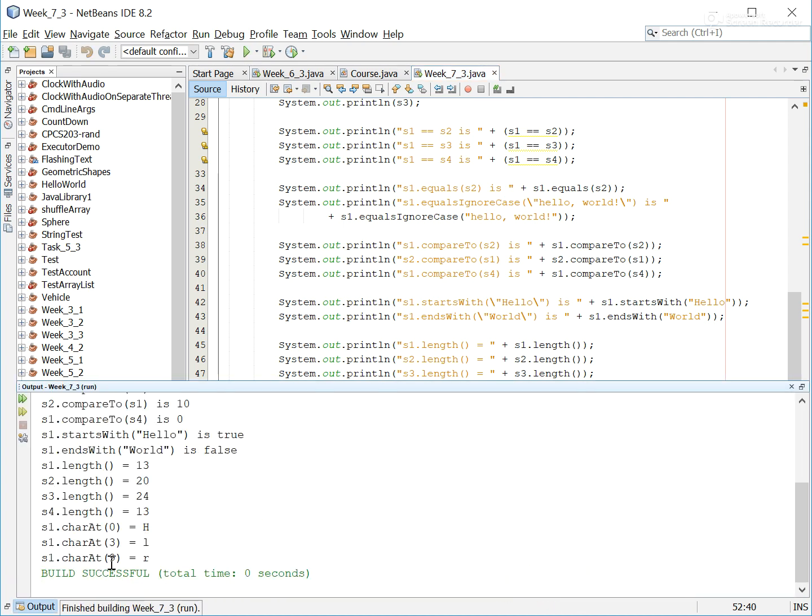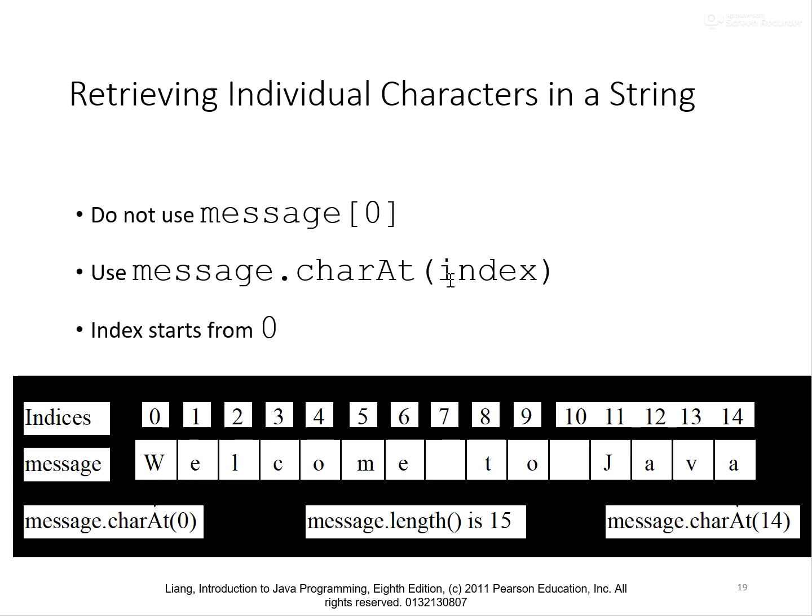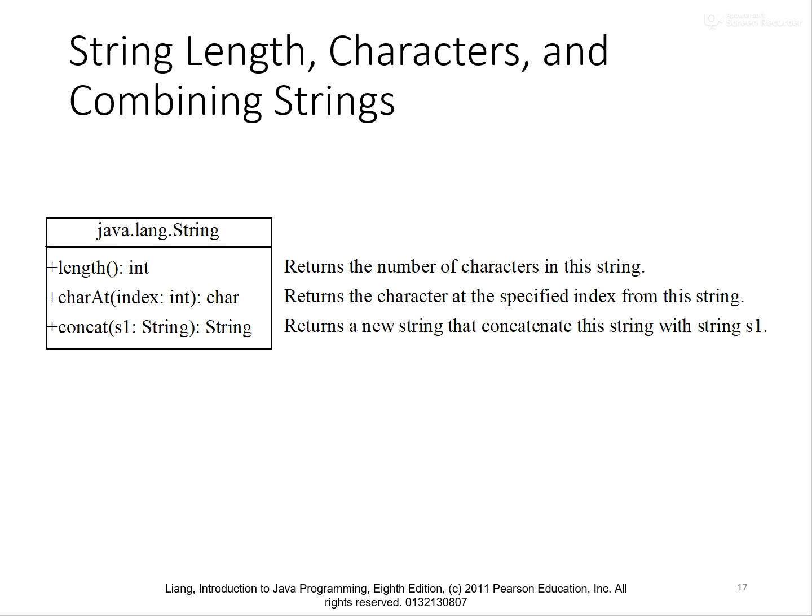And character number 9 is an R. This is how the indexing of characters in the string works. Indexing begins at 0, so that's why I'm giving the number 0 as argument when I want the first character. Remember, counting in Java and C, in most languages, begins at 0. So try this out some more if you like.